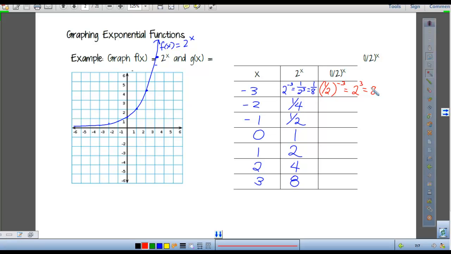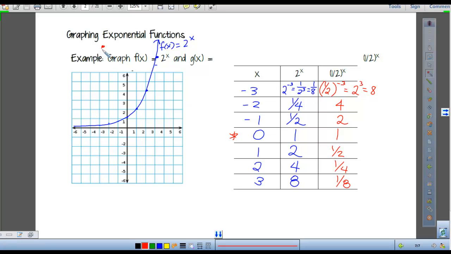All right, and so then 1/2 to the -2 is going to be 4. 1/2 to the -1, 2. 1/2 to the 0 is 1. Okay, 1/2 to the 1 is 1/2, 1/4, and 1/8.